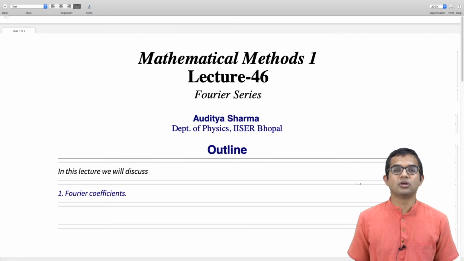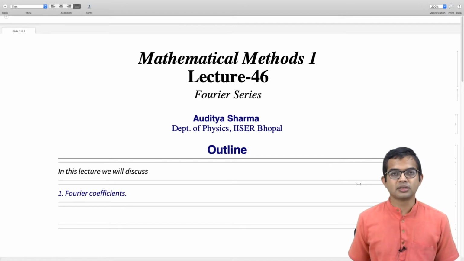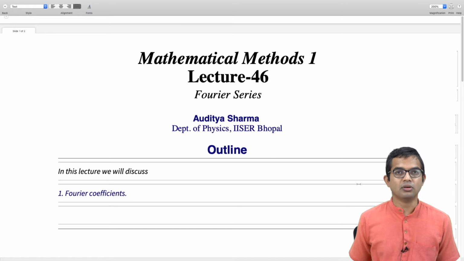And we have seen also how this can be thought of as an expansion of a vector in an orthogonal basis, where cosines and sines can be thought of as unit vectors which form an orthonormal basis, and then working out the Fourier coefficient is really an exercise in working out the expansion of a vector in terms of its basis vectors. So in this lecture, we will look at an example of how to carry out this expansion in practice.